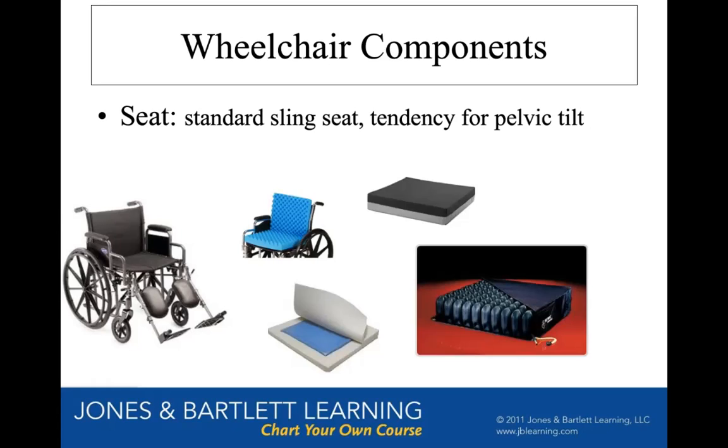Research has shown that these air cushions are the best type of cushion for preventing pressure sores. However, even though they are the best at preventing pressure sores, they're also the most unstable type of cushion to sit on.